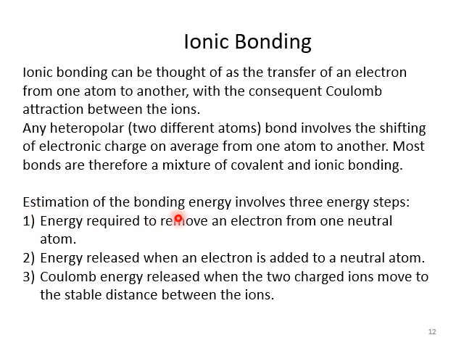We can estimate the bonding energy using 3 steps. One is that we take an electron from a neutral atom. That requires energy. It costs the system energy to take the electron off that atom. Then that electron can be attracted to another atom.